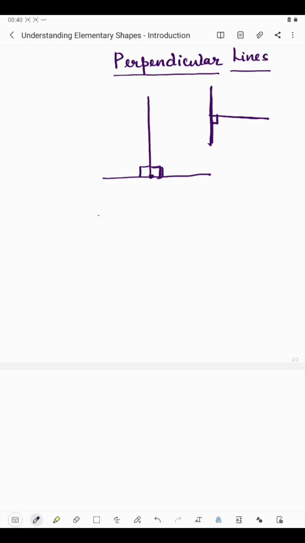Now here if I name them MN and QS, so in this figure QS is perpendicular to MN. So QS is the vertical line, or we can say the perpendicular line on MN. This is the symbol of perpendicular lines.